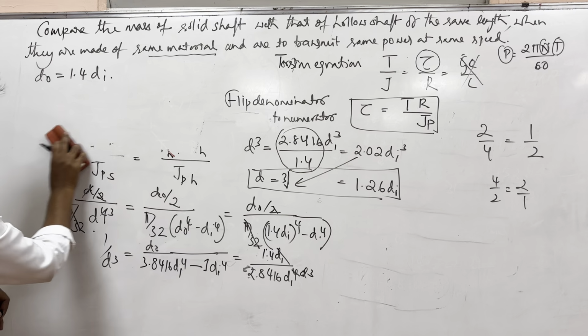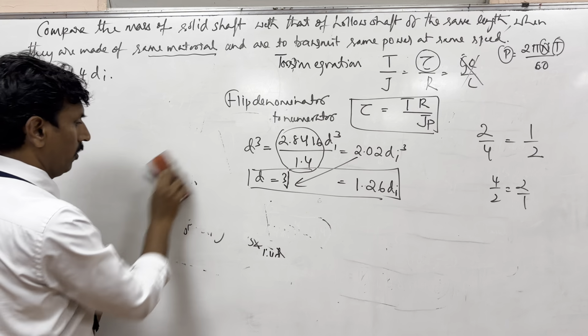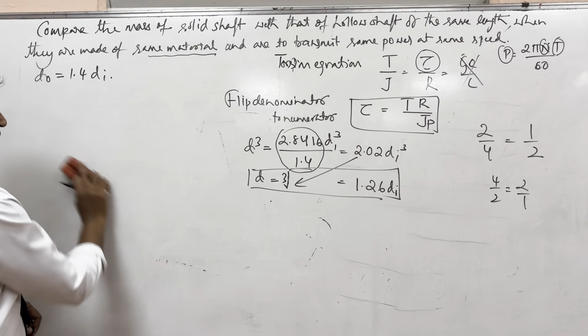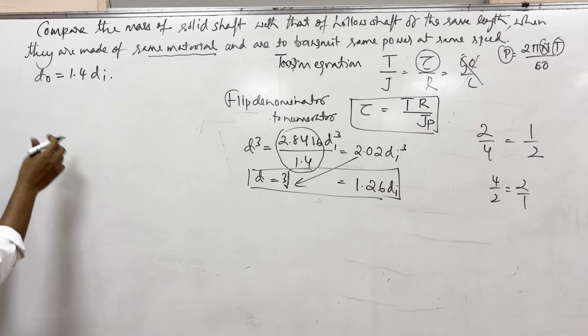So let me erase. Here it is: mass of solid shaft divided by mass of hollow shaft.